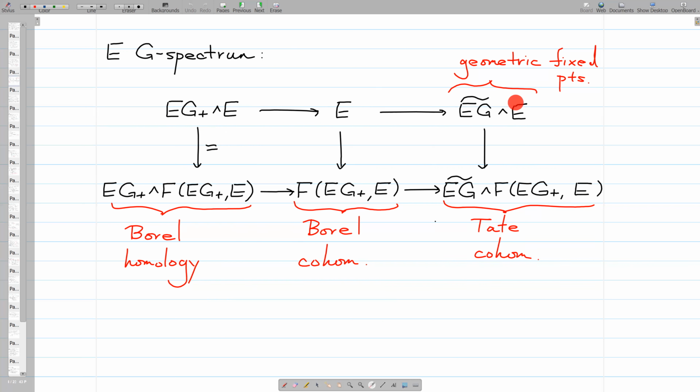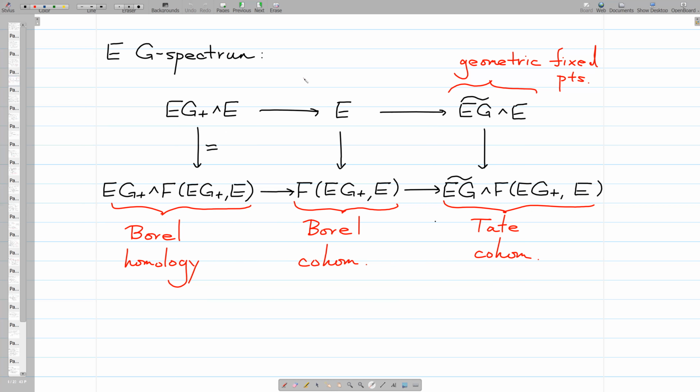This upper right corner I said is called geometric fixed points, but I really should have said that the geometric fixed point is a fixed point of EG tilde smash E. And this lower right corner, which has both the smash with an unreduced suspension and the function spectrum, is called the Tate cohomology spectrum. So it breaks up E into more calculable pieces.